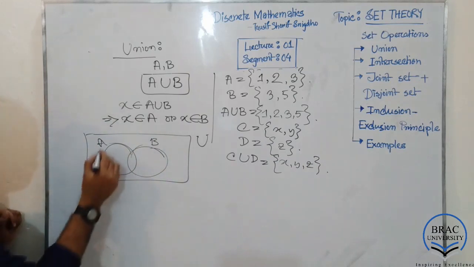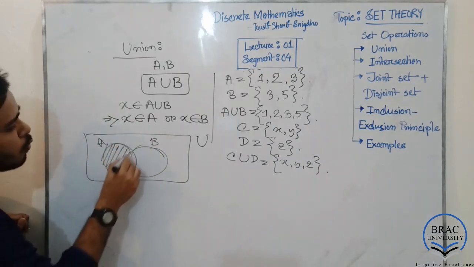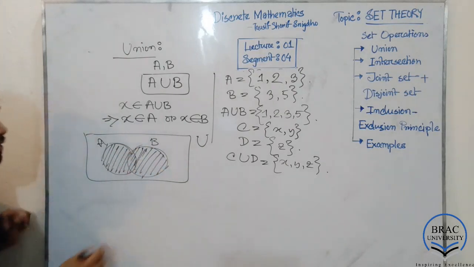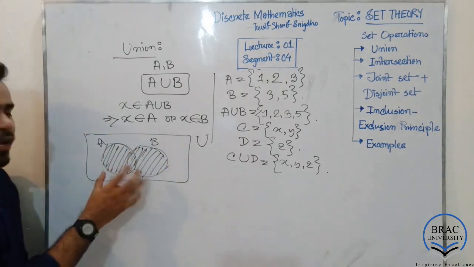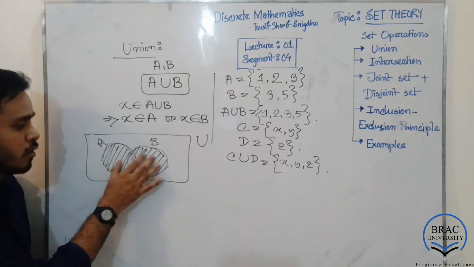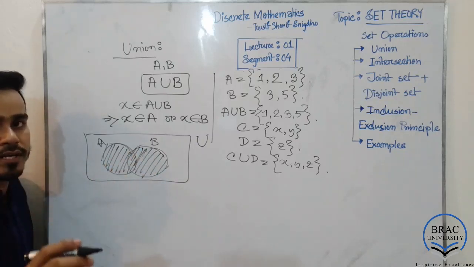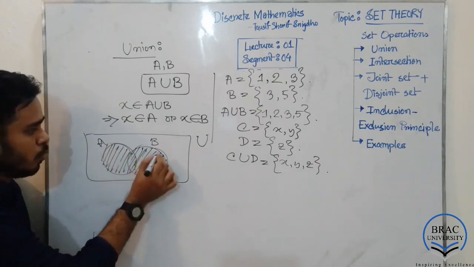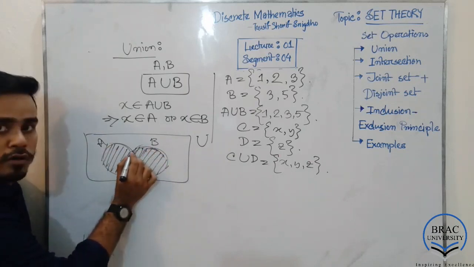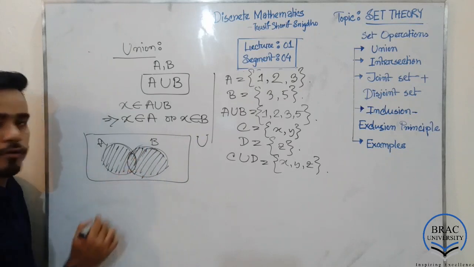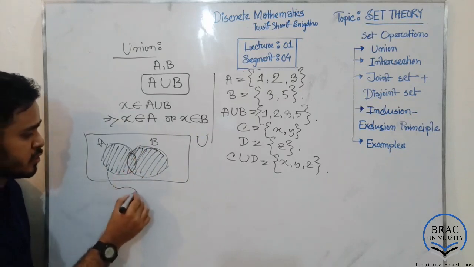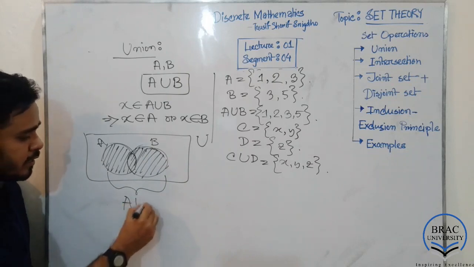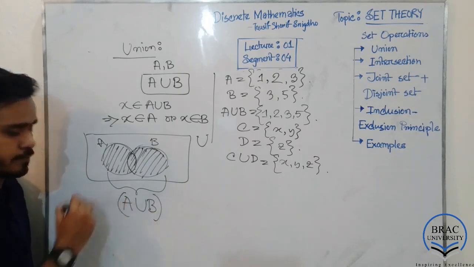So, if we shade the whole region covered by circles A and B, we can claim that this shaded region contains all of the elements that are from either A or B or both, right? So this shaded region refers to the set A union B.